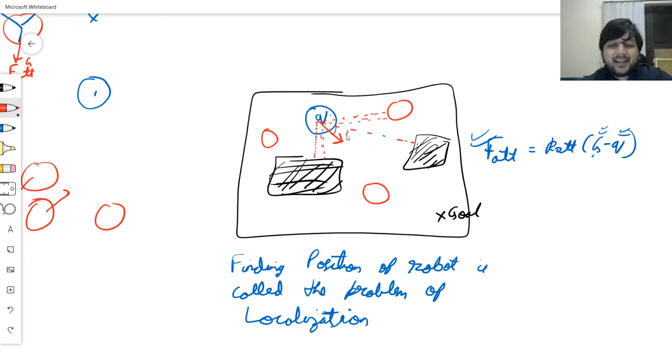So let's say this laser beam was at the direction of alpha from the direction of the robot. Okay, let me take an example where the orientation of the robot is positive. Here the orientation is negative. So let me correct the example. So theta is the orientation of the robot.